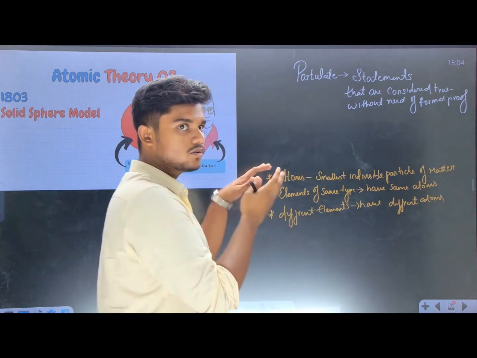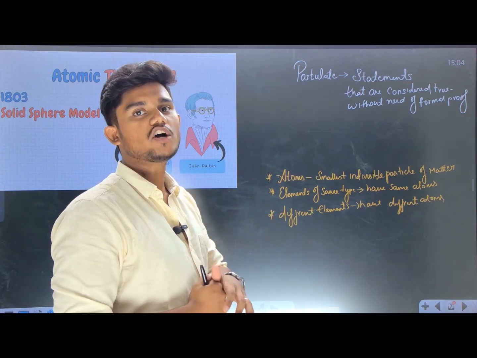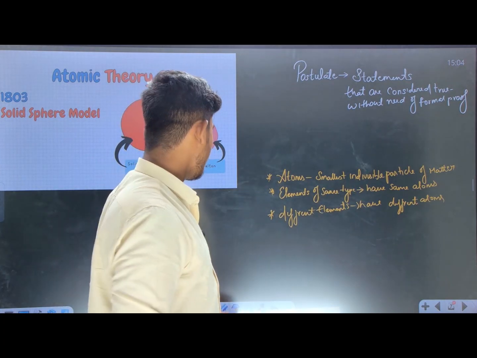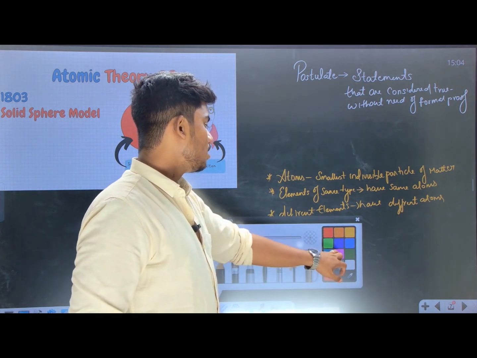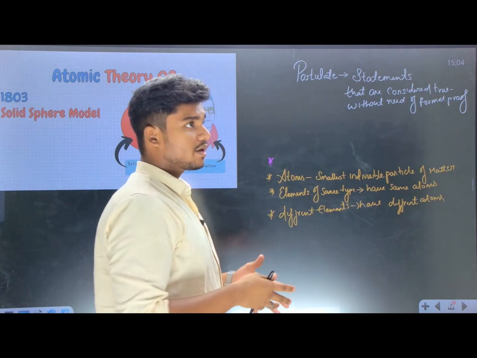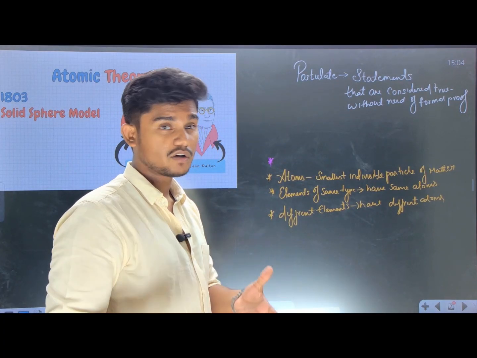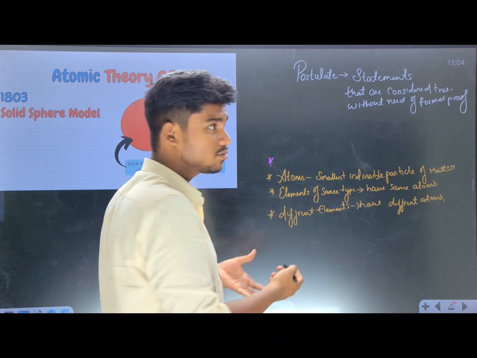Till here, things look pretty simple, but one of the most fabulous works of John Dalton comes in the next postulate. How important his work was in the field of chemistry was stated by his next postulate.